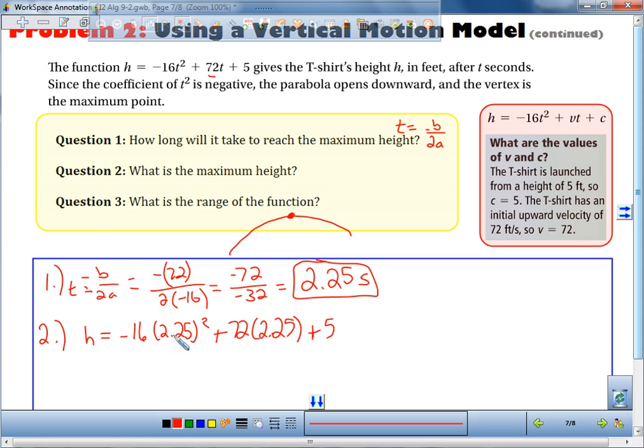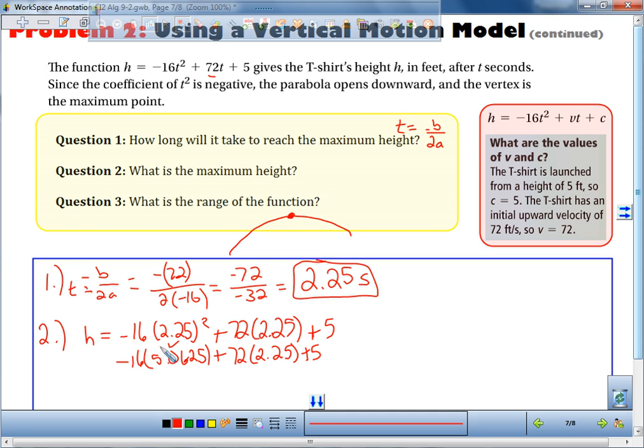Now I need to find what 2.25 squared is, and it's 5.0625, plus 72 times 2.25 plus 5. Then I multiply that times negative 16.